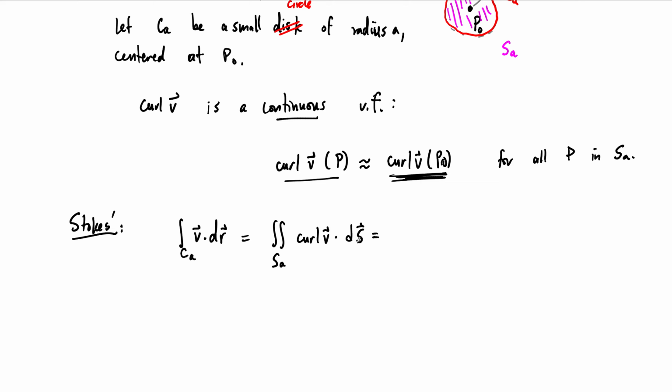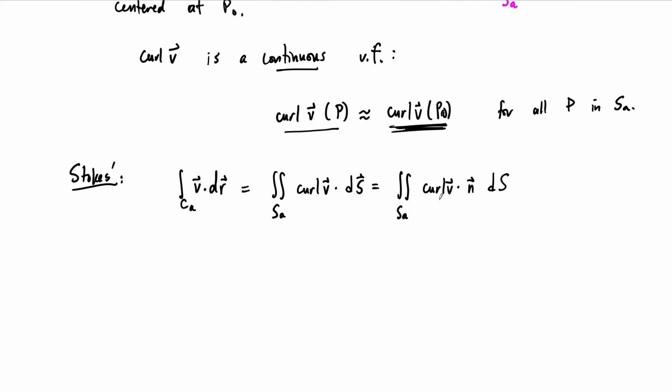But of course, how do you actually compute this? When we have a parameterized surface, we have one way of computing this, but in general, the definition of this is to compute over S sub A the curl of v dotted with the normal vector field, and then integrate with respect to surface area. What we're going to do is these two things are both functions of P on this disk.